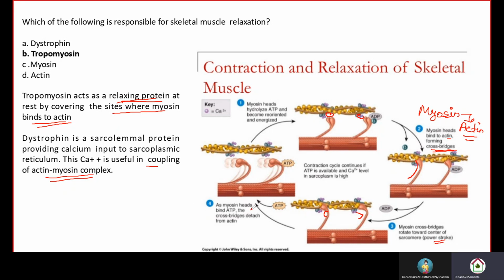And lastly, as myosin heads bind with ATP, the cross bridge detaches from the actin. Okay, so this is the contraction and relaxation of skeletal muscle in short. So always remember the relaxation is done by tropomyosin. And actin and myosin both are involved in contraction and forming the cross bridge.